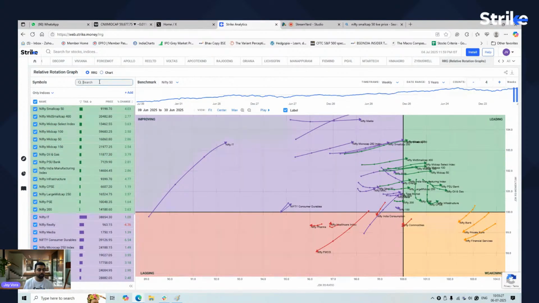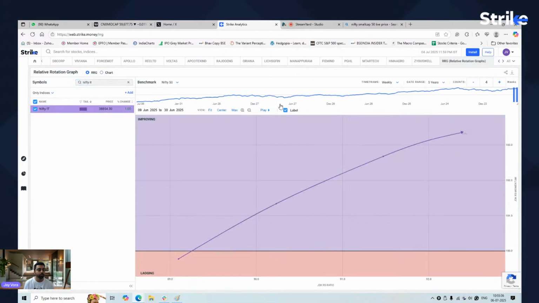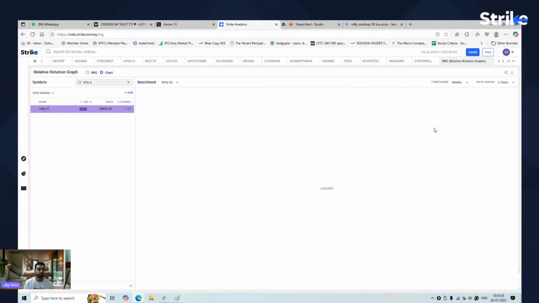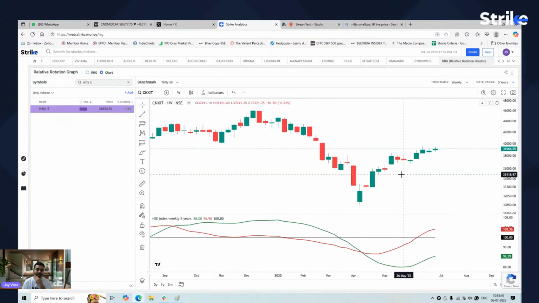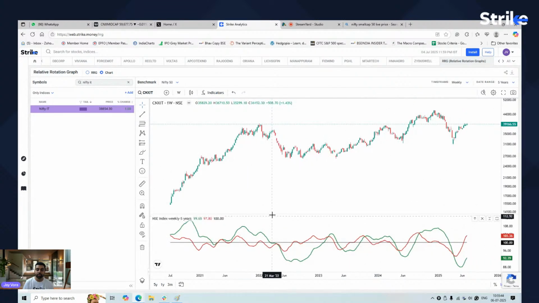Now let's take a chart of IT and we'll take it weekly so that we have meaningful data to check. Okay, now see, this you can see is Nifty IT.